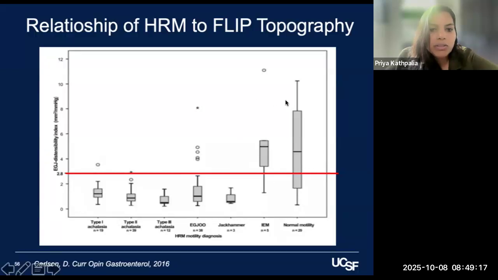Normal tends to be closer to the 4 to 6 range. Patients with ineffective motility, a disorder of peristalsis and not outflow obstruction, tend to have relatively normal IRP, and so not surprisingly, their distensibility index tends to be in the normal range as well.